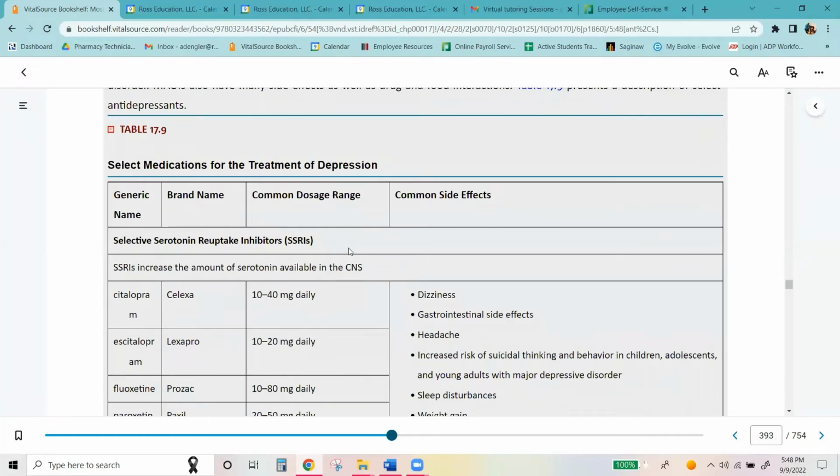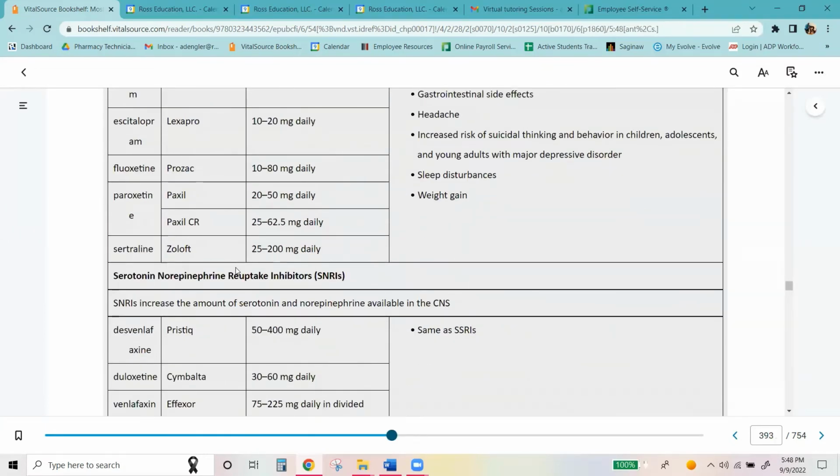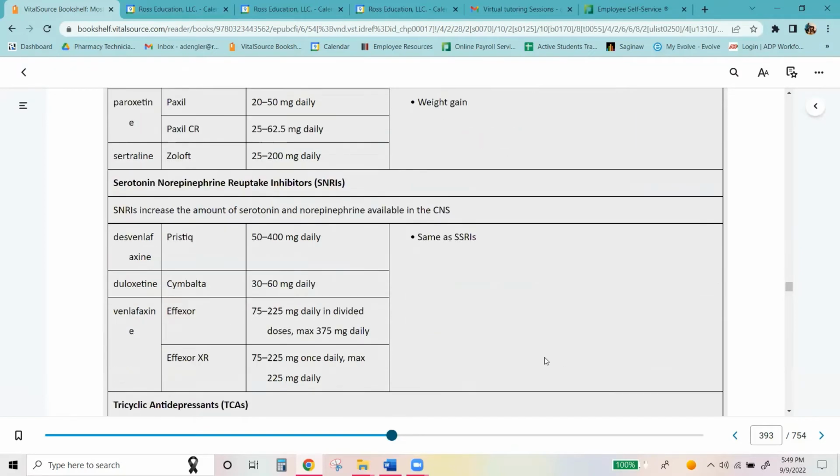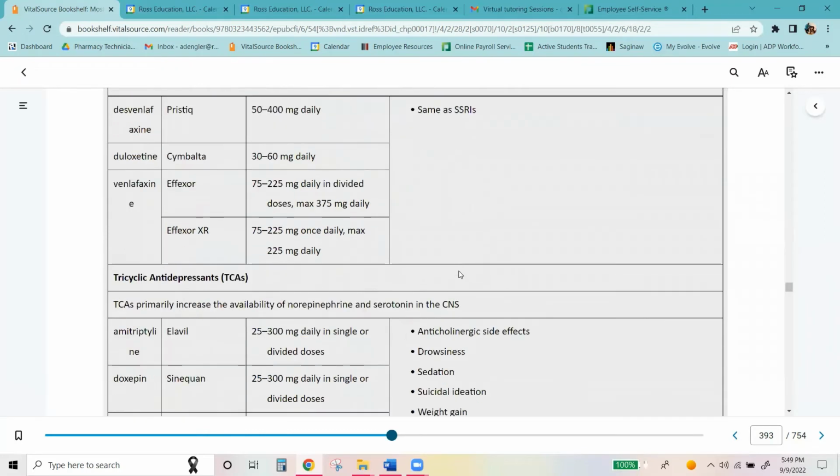We have SSRIs. They increase the amount of serotonin available in the CNS. SNRIs, serotonin norepinephrine reuptake inhibitors, increase the amount of serotonin and norepinephrine available in the CNS.